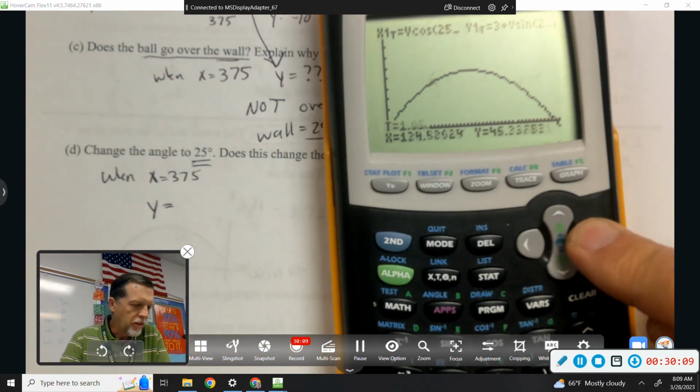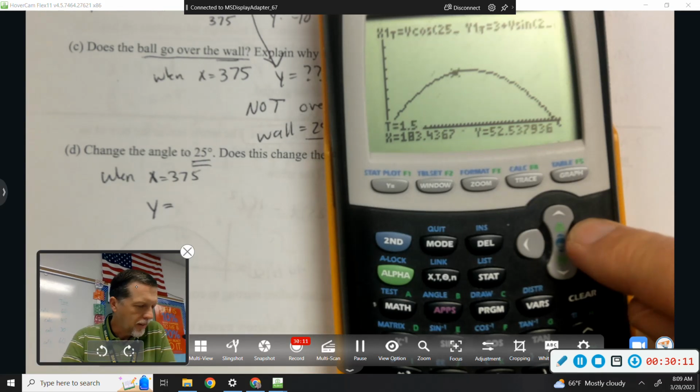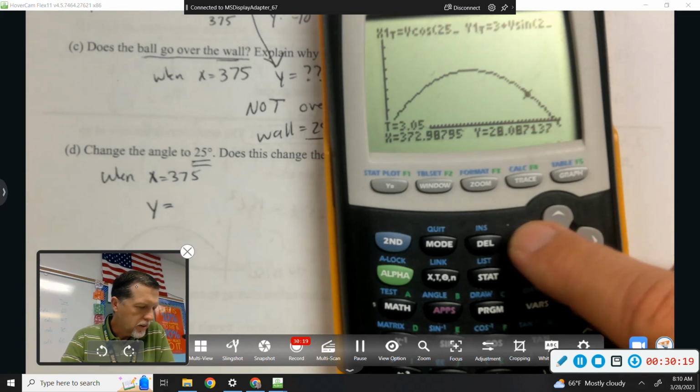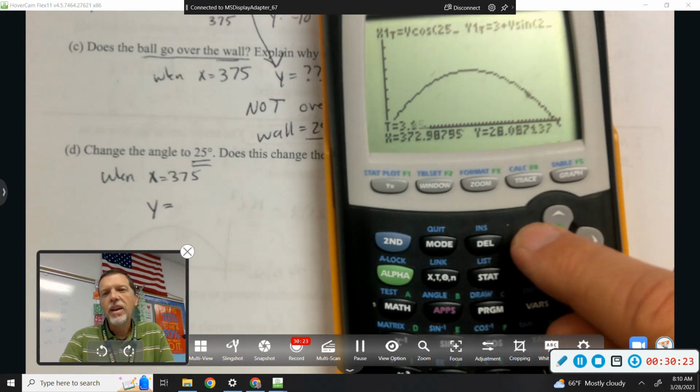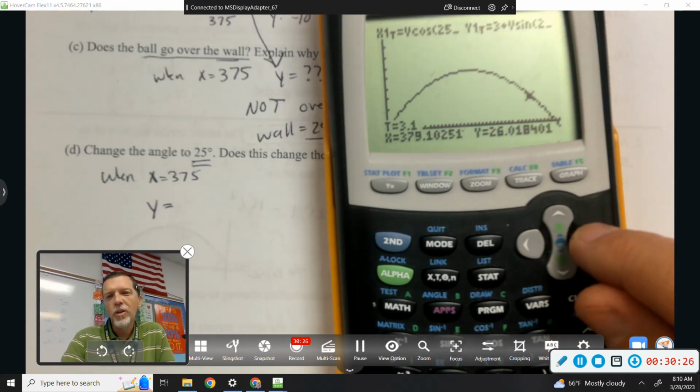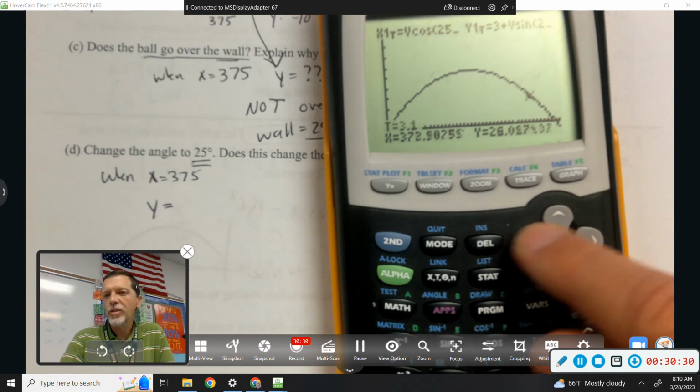without changing my t step to something ridiculous. Scrolling. So t equals, well, I can't get to 375 exactly, but whether it's 372 or 379, either one of those, the y value is over 25, so I'm good.